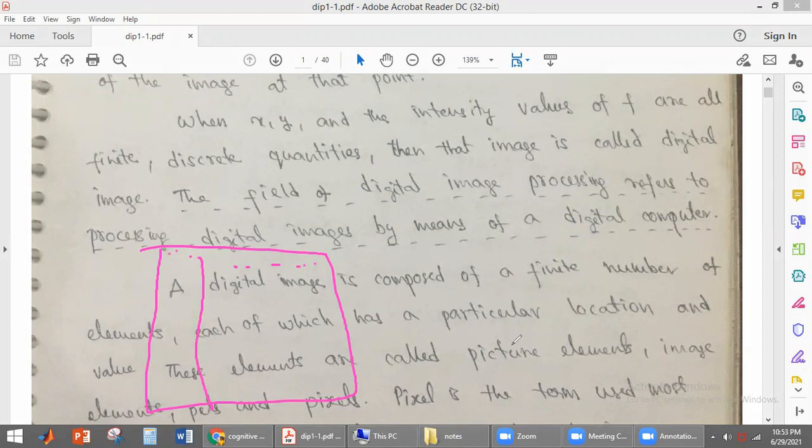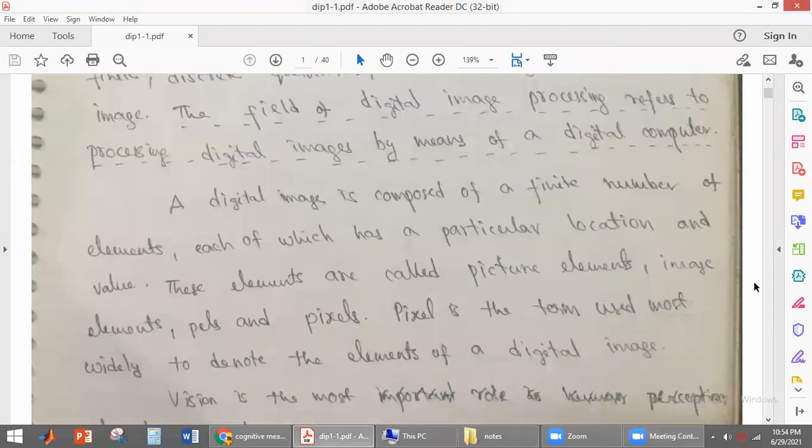These elements are called picture elements, image elements, pels, or pixels. These different names are used to represent each element of the image. Usually pixels is the term used most of the time in this course.